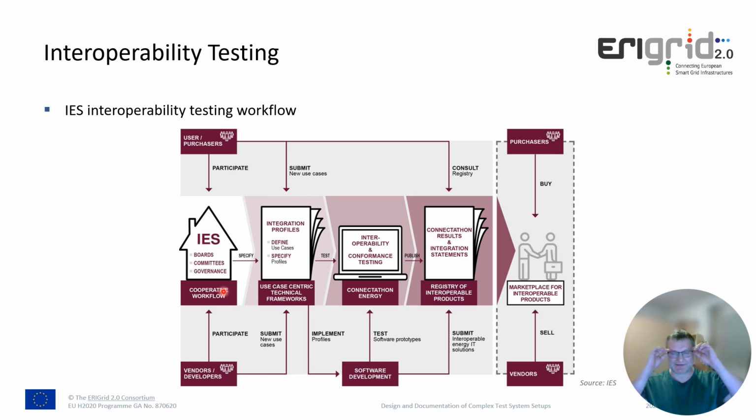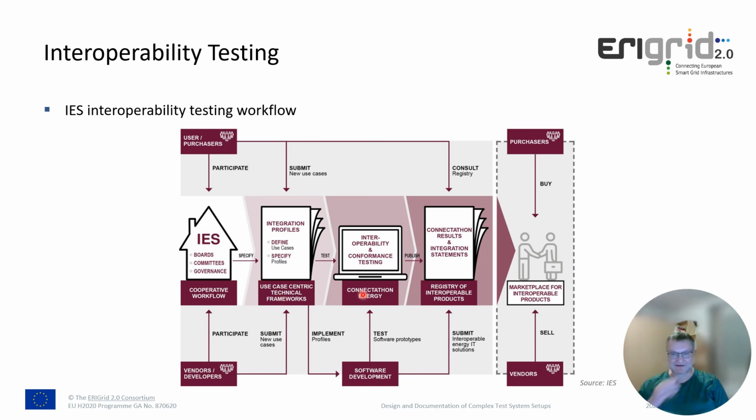Here you see a bit more in detail the testing workflow of this IES approach. So you have typically this cooperative workflow where users, purchasers, and vendors, developers participate. They define the use cases and the integration profiles, specify the profiles, and derive the technical frameworks.